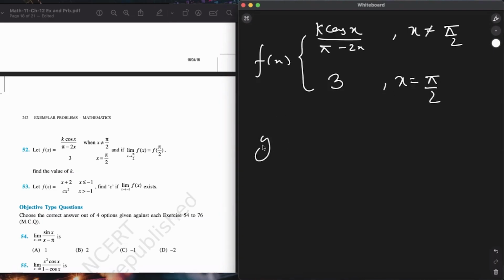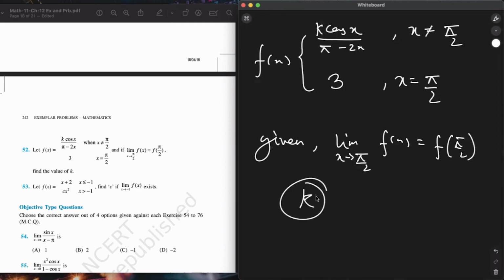And we have been given the condition that the limit of f(x) as x tends to pi by 2 is equal to f(pi by 2). Then we have to find the value of k. Let's see what we can do with this question.